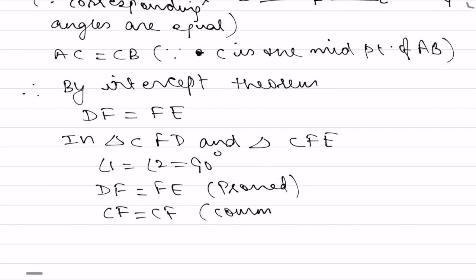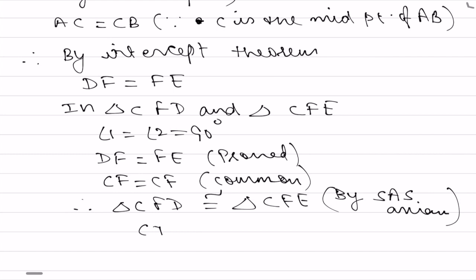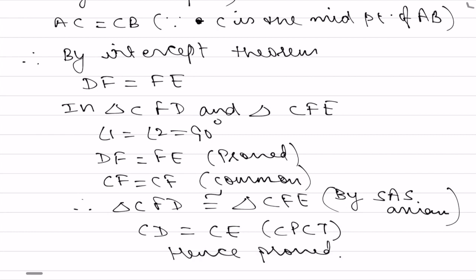So we need three conditions for congruency. So triangle CFD and CFE are congruent by SAS axiom, two sides and the angle between both the sides. We proved the congruency so that the remaining side CD is equal to CE by CPCT, and hence proved. That's what we had to prove.